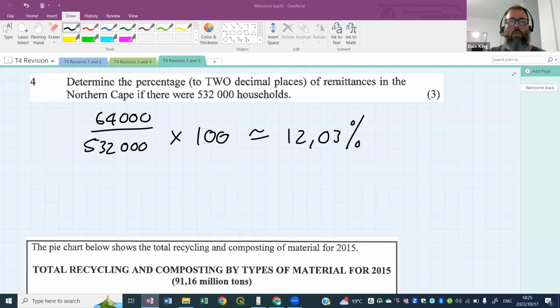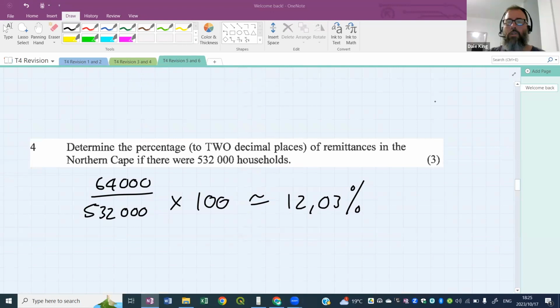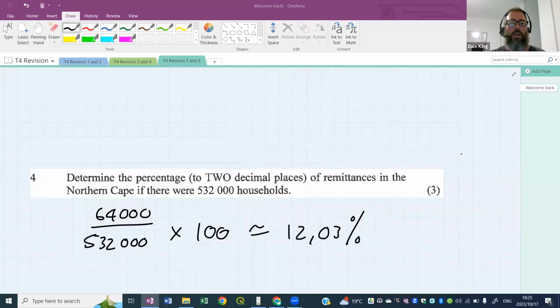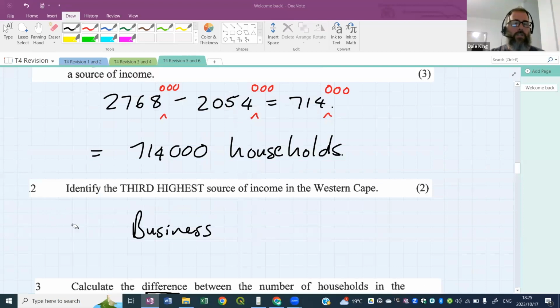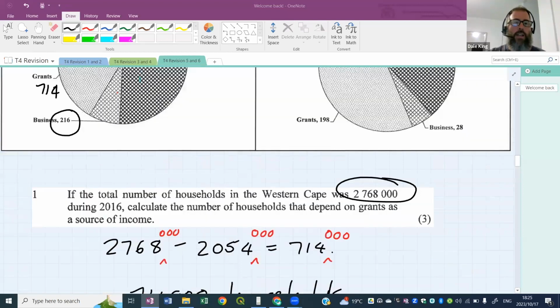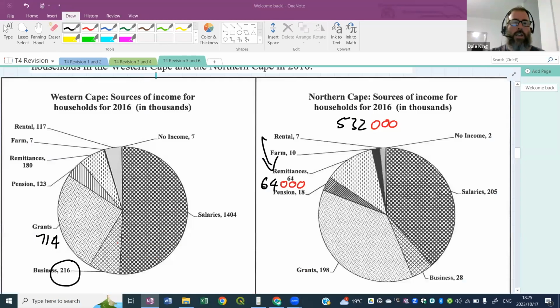Okay, so that wasn't too bad. All right, working with numbers on a pie chart. So important is to understand how pie charts work. All the pieces of the pie add up to 100. And also, important to note for this one, is that all the values on the screen were in thousands. It's so important to see that all the values you see here are in thousands.